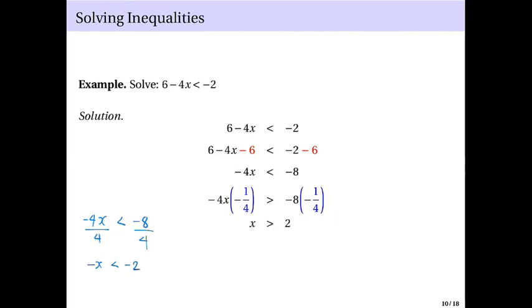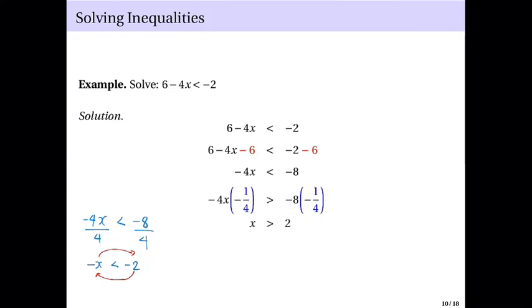Or you can move the x to the other side, and you can move this negative 2 to the other side also. Remember when you transpose, the inequality won't change.